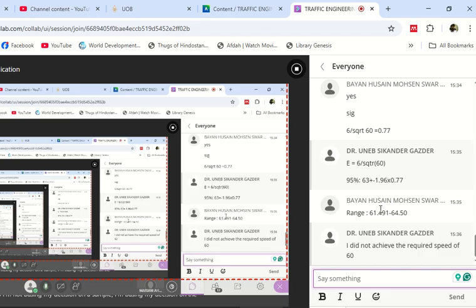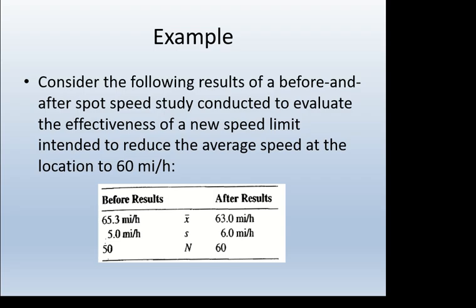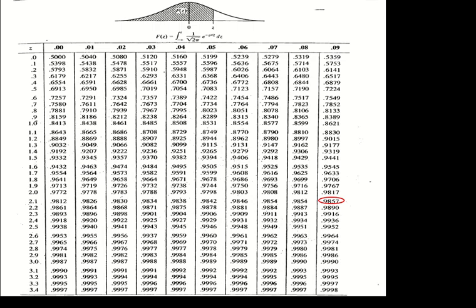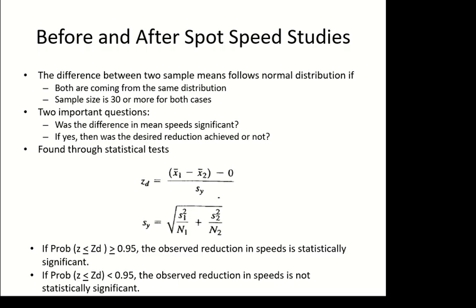Now a word of caution here. First we check the first question. We are answering two questions. The first question was, is the difference in mean significant or not? The answer was yes. Then we move to the second question. If the answer to the first question is no, there is no change in the mean, then the second question is automatically no. Going back to the example of the grade, if somebody had D and still has D, there is no change in the GPA, right?